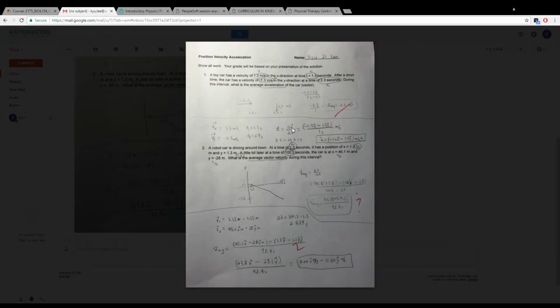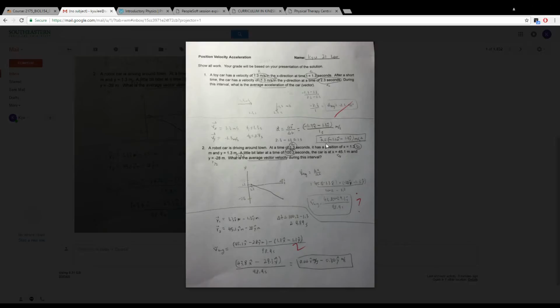To get the delta v, the formula is final minus the initial, and it is divided by the delta t, which is 2.3 minus 1.3 equals 1 second.